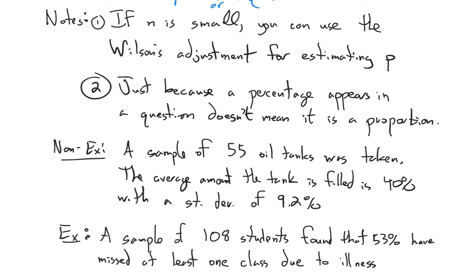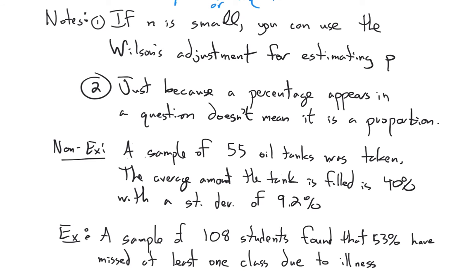If in your sample there are fewer than 15 successes or fewer than 15 failures, then there is a way of dealing with this. It's called Wilson's adjustment for estimating the true population proportion. But we're not going to cover that in this course.